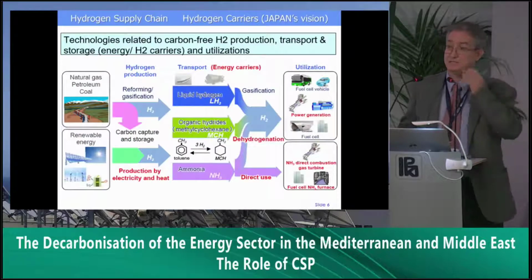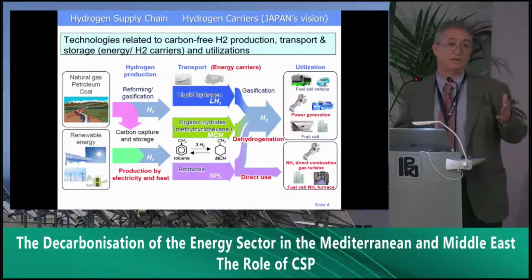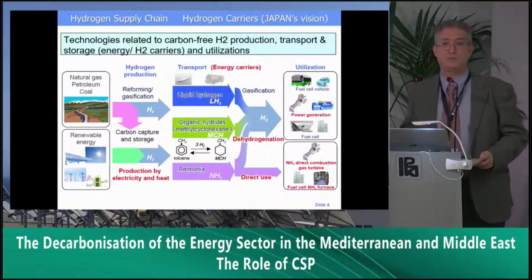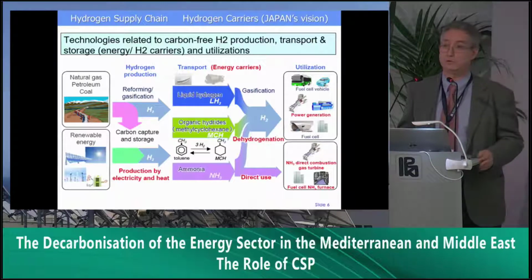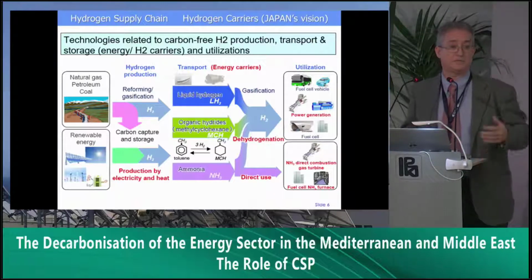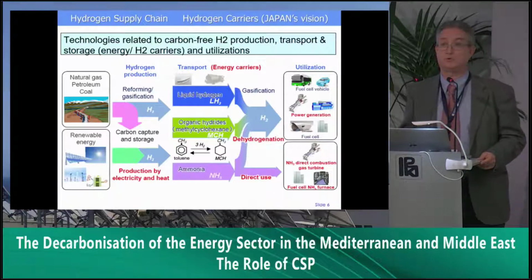I think yesterday already Wes mentioned the Japanese approach, which is one of the clear ambitions. You know that the Prime Minister of Japan, last year in December, one year ago, promoted the first declaration of an interministerial approach to create a program for introducing this kind of clean fuels in Japan.